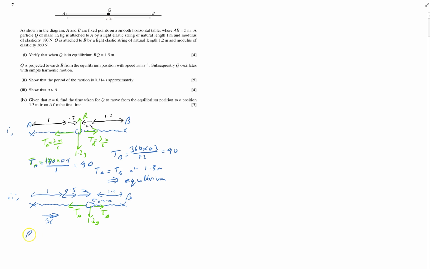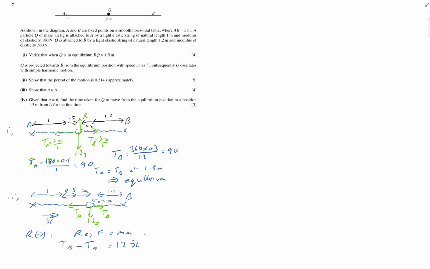We can now resolve in the direction of the acceleration. That's the way I'd go. And so resultant force equals mass times acceleration. I've got TB minus TA equals the mass, which is 1.2, times the acceleration, which is x double dot.